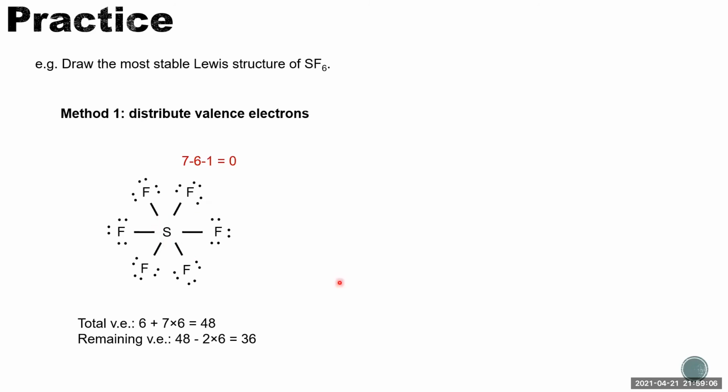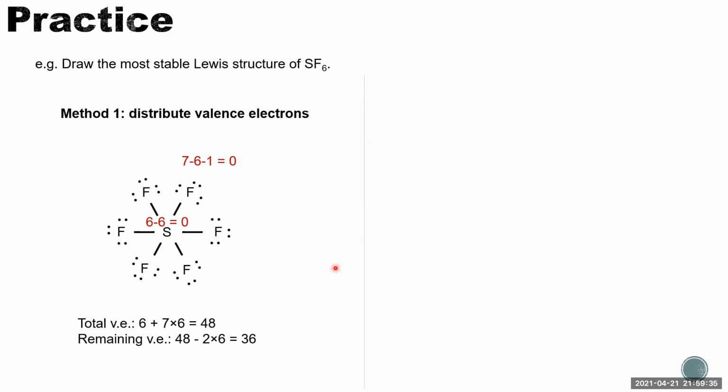For sulfur, it has 6 valence electrons, does not have any lone dots, but has 6 single bonds. So the formal charge for the central sulfur is also 0. That explains why sulfur breaks the octet rule, but this Lewis structure is still stable, because it has the best formal charge you can imagine. All atoms here have a 0 formal charge.